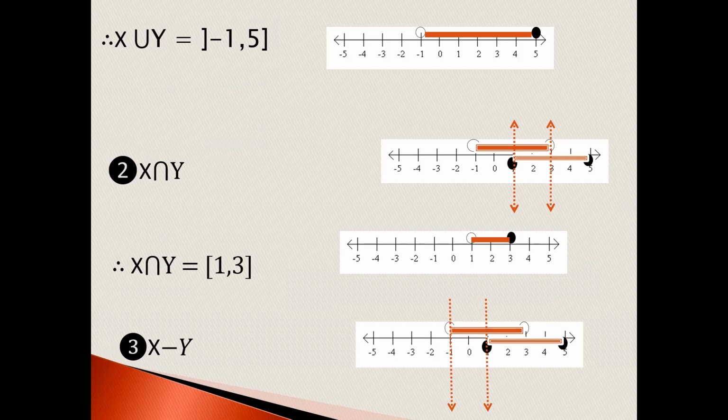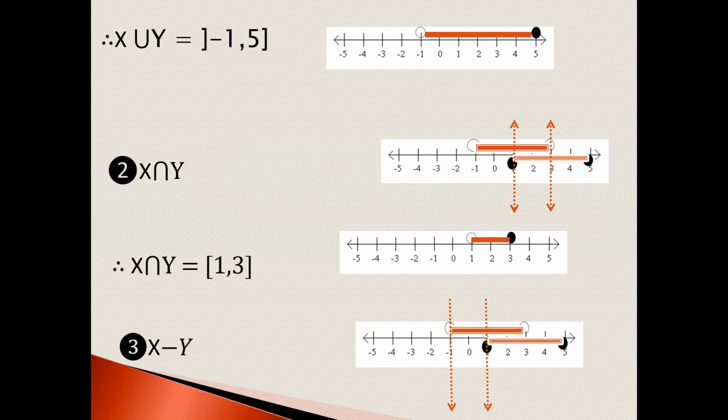So the answer here is negative 1 open. It's open, so it will be open. But here 1 is closed, why? Because 1 is included in y, but I want the difference. I will take the numbers found in x but not found in y. So here 1 is included in y, and I want to cancel it.